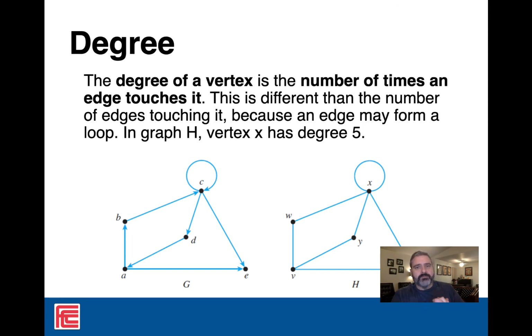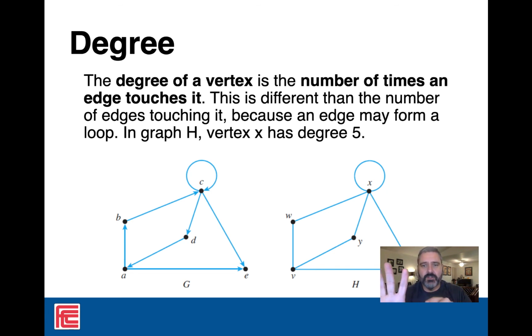One is degree. Degree is the number of times an edge touches a vertex or a node. This is different, by the way, than the number of edges that are touching it, because you can have loops. That's why you have that little loop there for X. So vertex X in graph H has a degree of 5, because it's 5 connections, right?